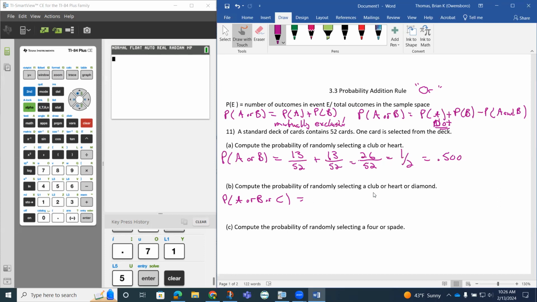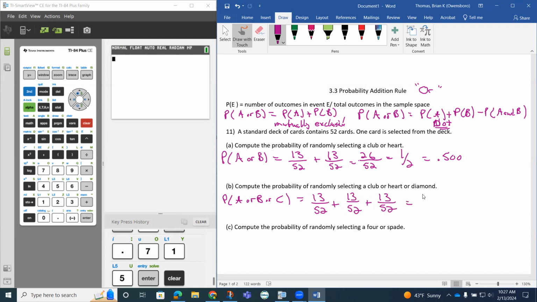To get a club, you have a 13 out of 52 chance. You add to that the chance of getting a heart, also 13 out of 52, and the chance of getting a diamond, also 13 out of 52. So 26 plus 13, you have 39 out of 52.